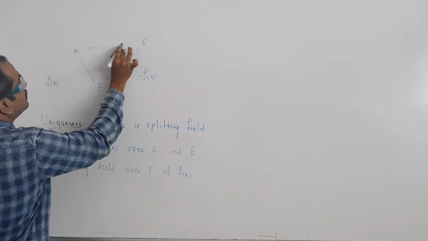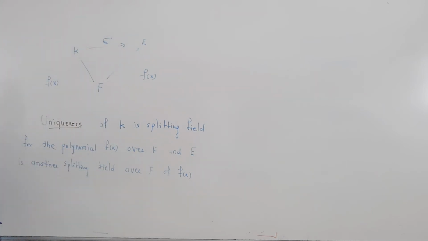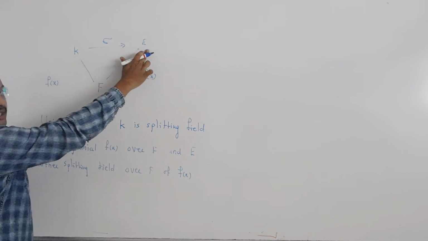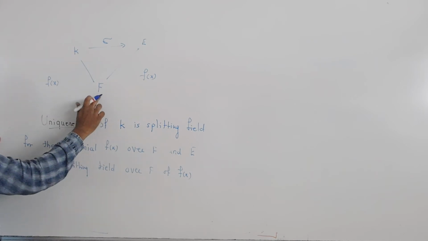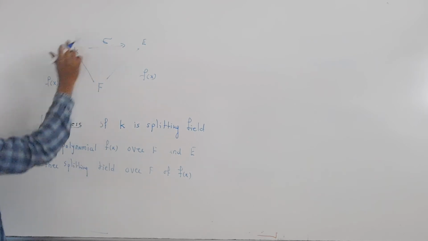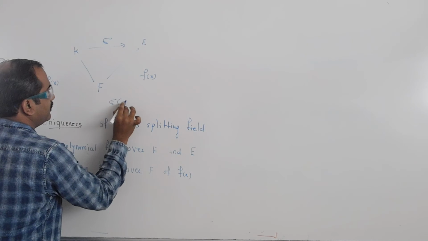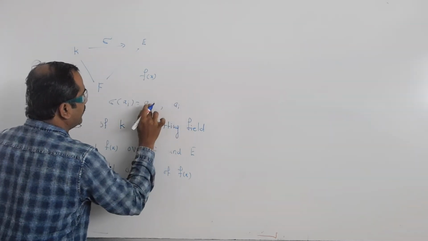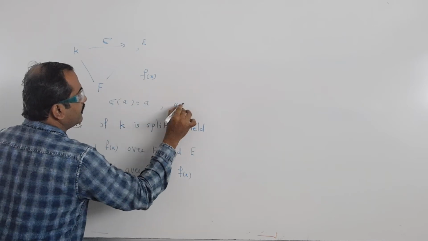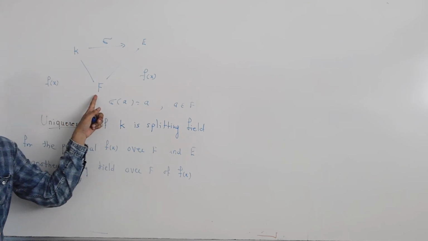Then there exists a sigma from K to E, which is an isomorphism with the property that the elements of F are fixed under sigma. That is, sigma of a is a, if a belongs to F. So on F, sigma is identity.